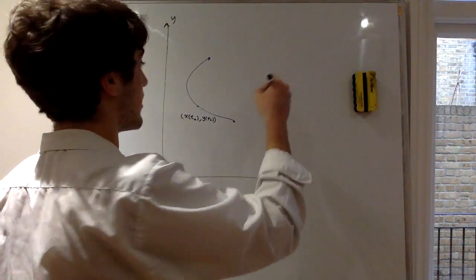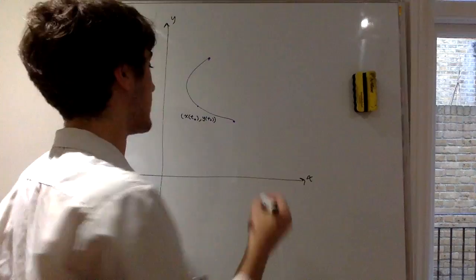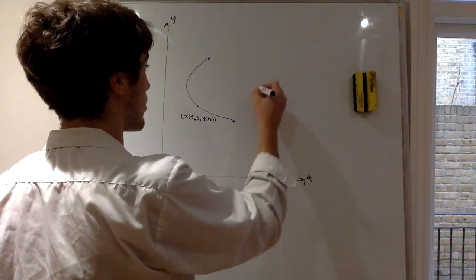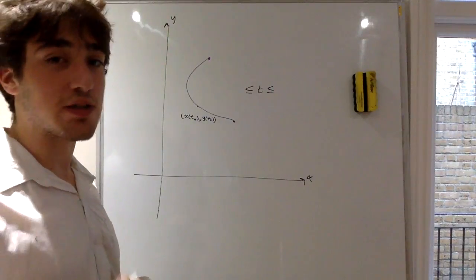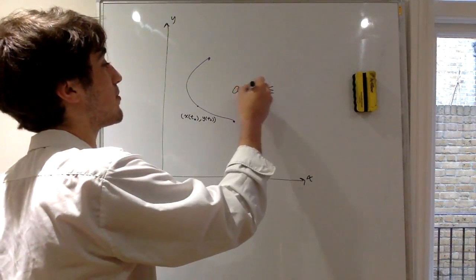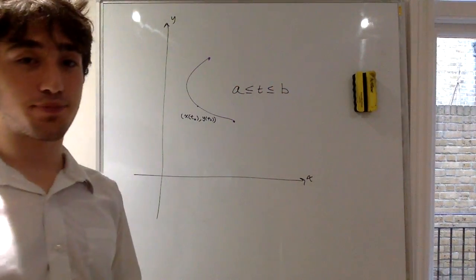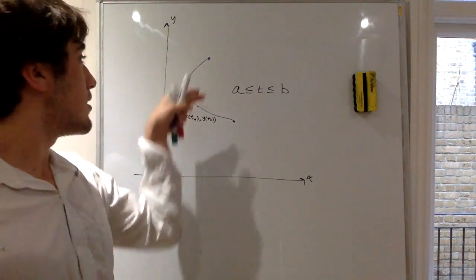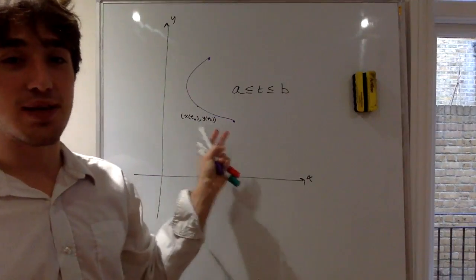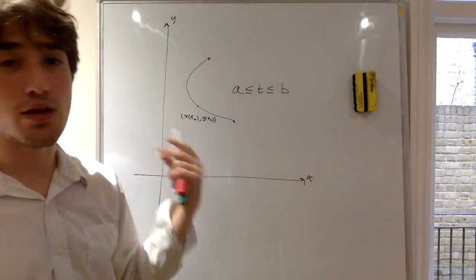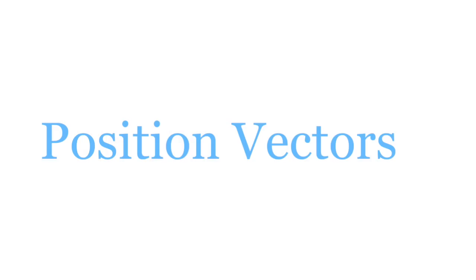So x and y are separately defined as functions of t, and the curve is often defined for a restricted domain of t, which ranges from a to b. So one of the most powerful things of a parametric curve is that it can go back on itself like this. A normal function, a regular function, can't do that.